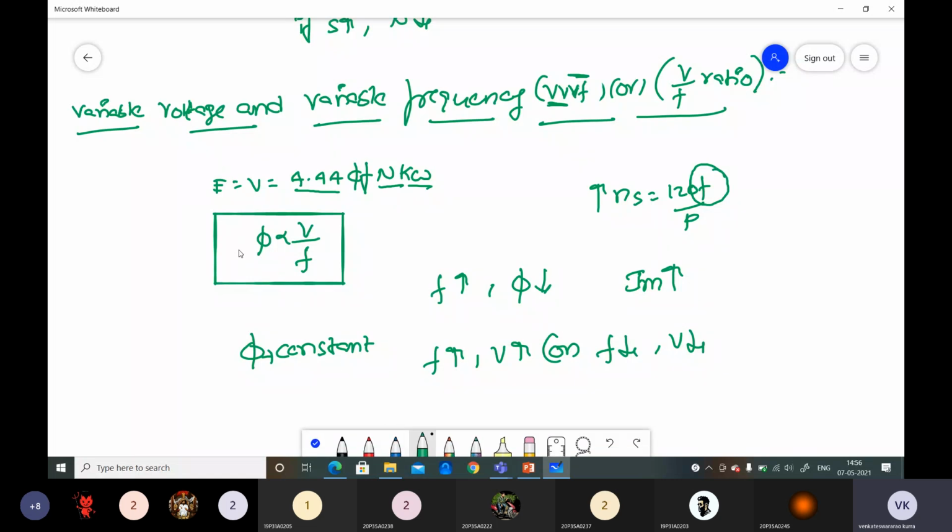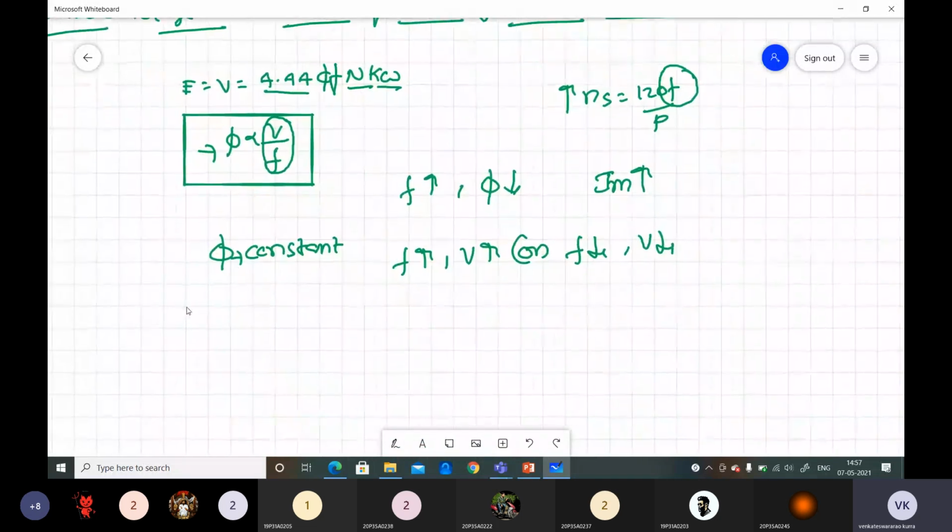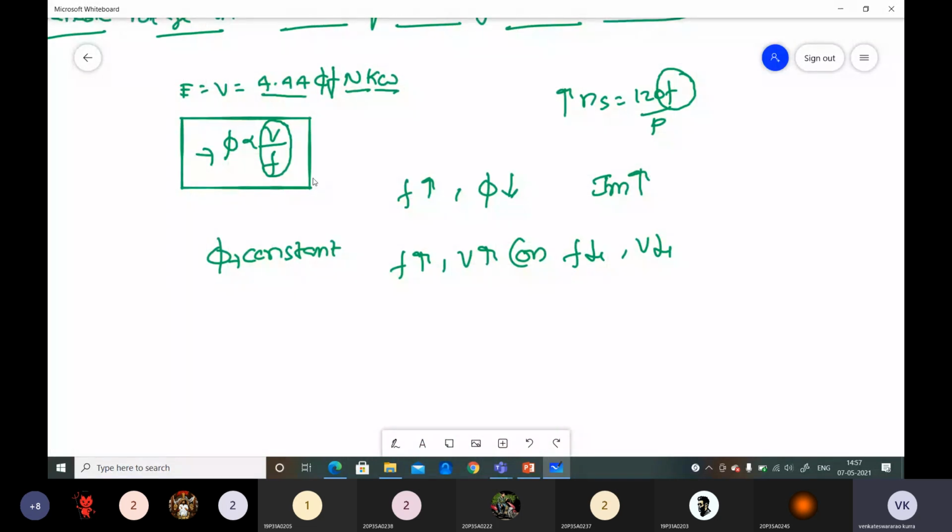Otherwise, if you keep V constant and change the frequency, the flux value changes. And if you keep the frequency constant and vary the supply voltage, in this case also the flux varies. So to make the flux constant, we need to make this term constant. If you increase one variable, the other variable also needs to increase.